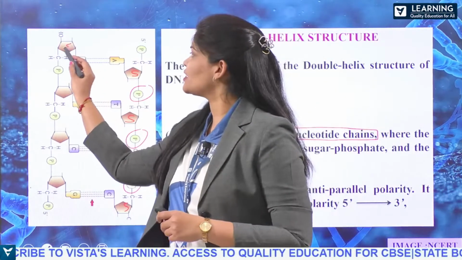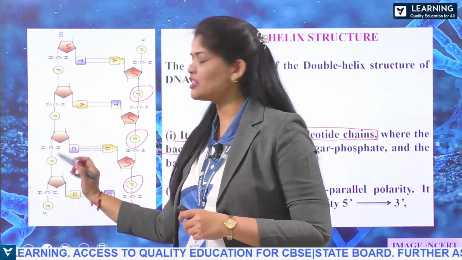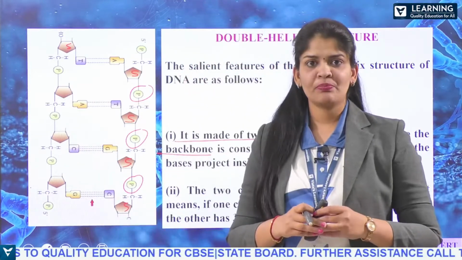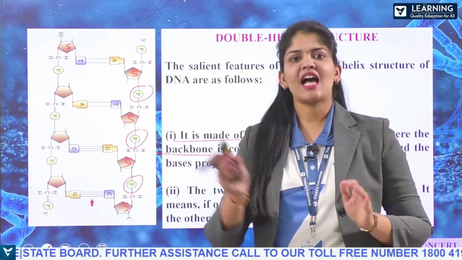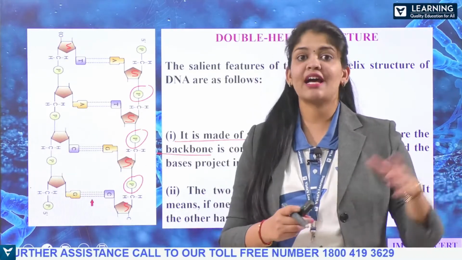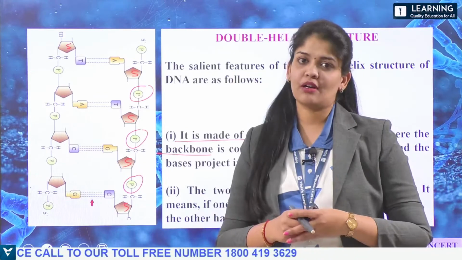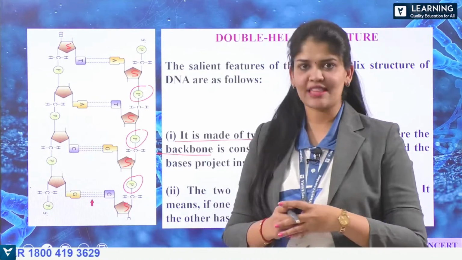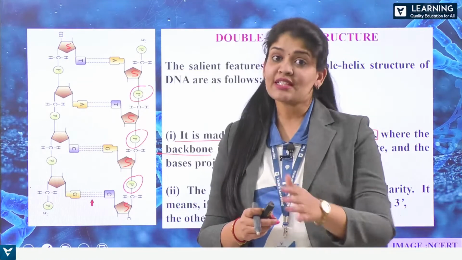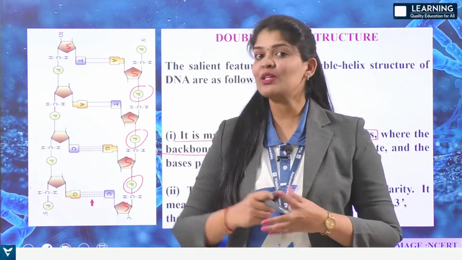Here, the nitrogen bases are purines and pyrimidines. In the purines, adenine and guanine. In pyrimidines, what do you find? That is cytosine, uracil and thymine. We already know that uracil is present in RNA and thymine is present in DNA.